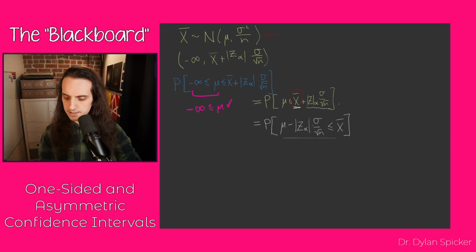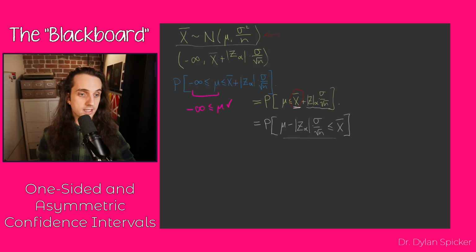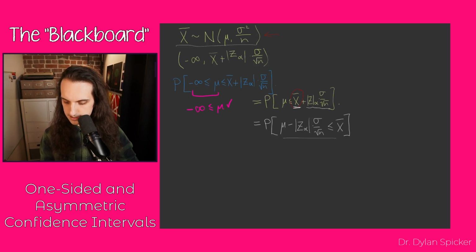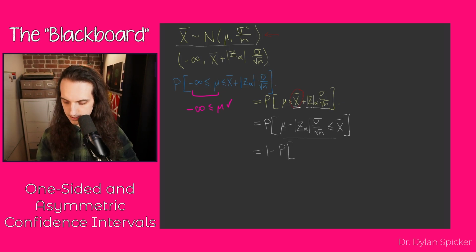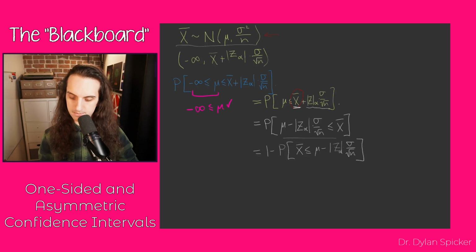It's going to be slightly easier to think about the complement probability, because x bar is a normally distributed random variable. So instead of writing it like this, this is equal to 1 minus the probability, where we're just taking the complement. Because we're doing 1 minus, we get to flip the sign around, so that's x bar being less than or equal to mu minus z alpha times sigma over the square root of n.